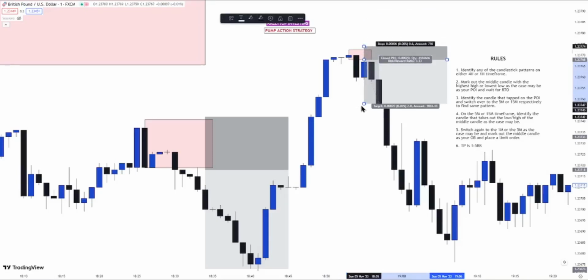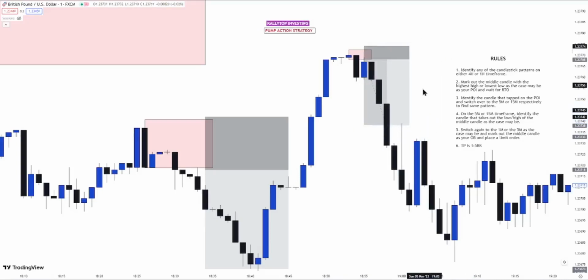So we want to target 1 to 5. That's 1 to 5. Hit. Smash effortlessly. Can you see that? Powerful strategy.